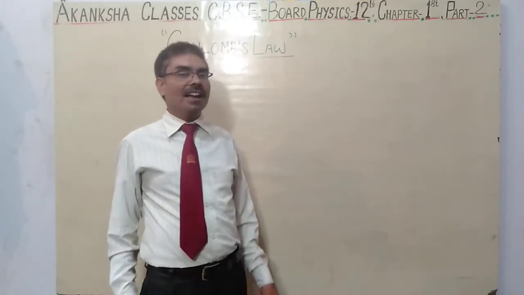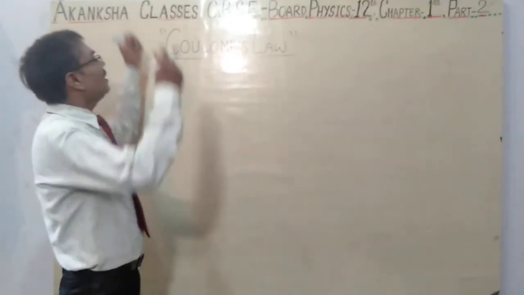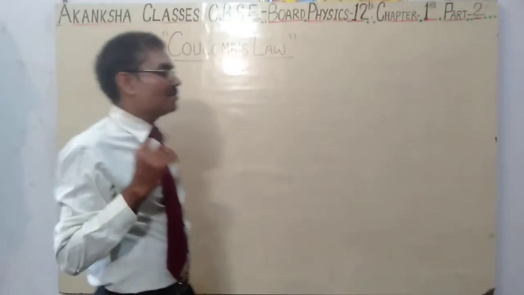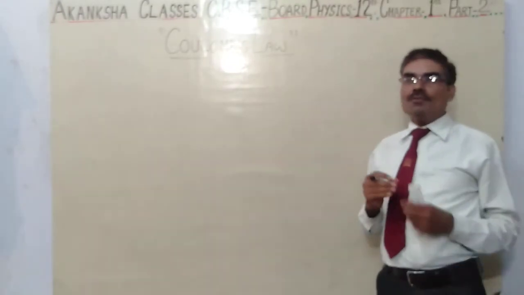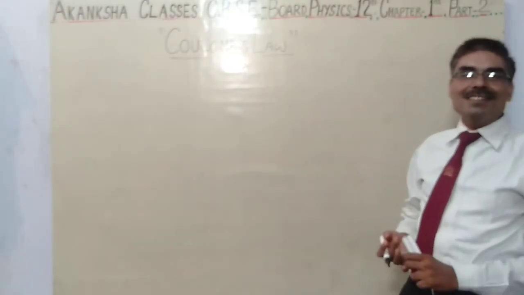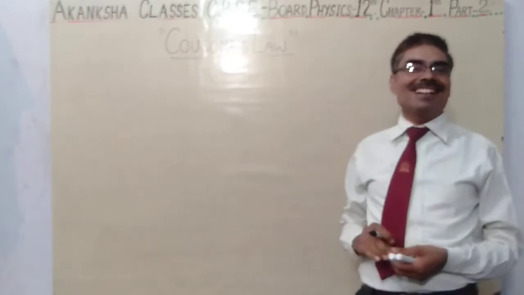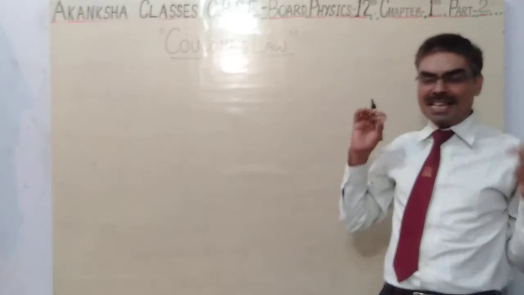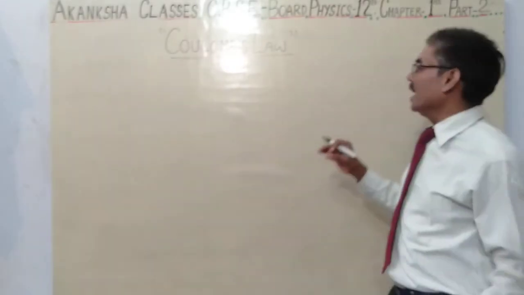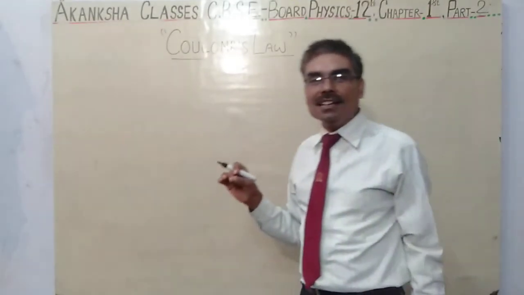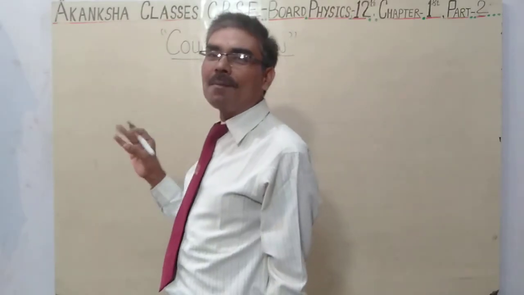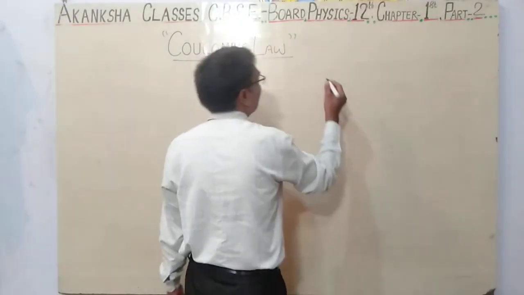Students, once again let's see Coulomb's law. What is Coulomb's law? Coulomb uncle was discovering something strange, but when he was not able to discover his motive object, he gave another law that is called Coulomb's law. And what he did in Coulomb's law, I am going to explain.